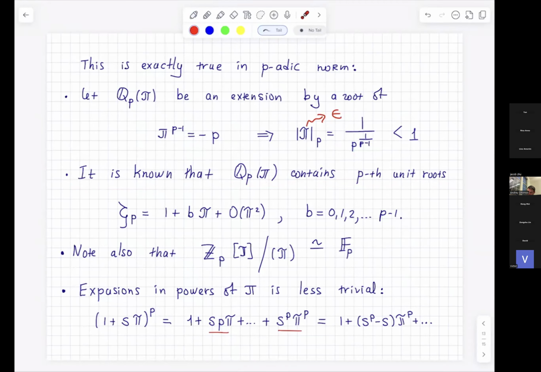Their expansion in pi, in this small parameter, starts with 1, and then b times pi, where b can be 0, 1, 2, and so on, all the way up to p minus 1. And this gives you all roots of degree p in this extension.